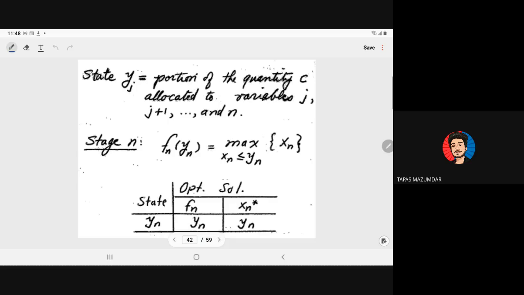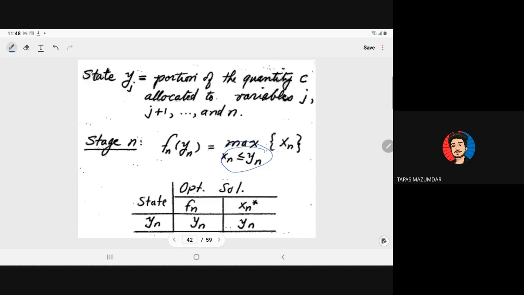So for the stage n, what is fn of yn? fn of yn is the maximum over xn, because we have only one variable. How much value can xn take? Whatever the remaining one, so xn cannot be more than yn. So here we have xn less than or equal to yn.